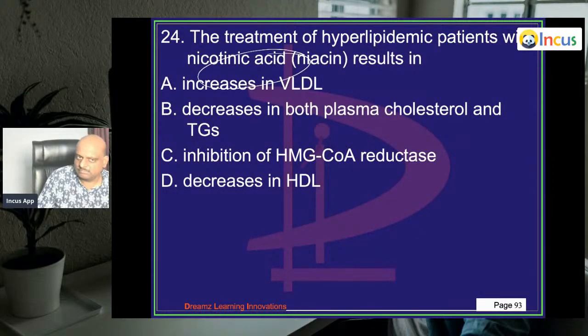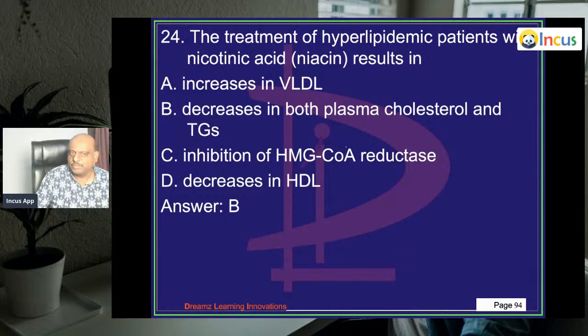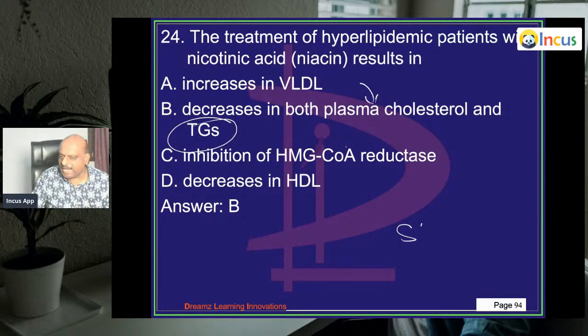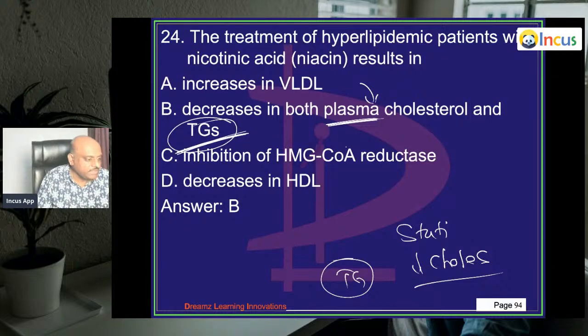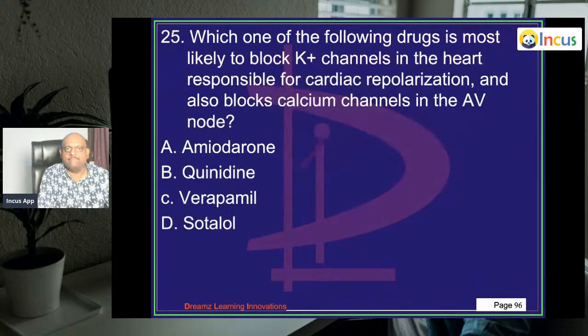Nicotinic acid, if you happen to give, decreases both the plasma cholesterol and triglycerides. Generally, most drugs, statins, everything, decrease only cholesterol, they don't affect the triglycerides. So typically, niacin, nicotinic acid can decrease both the plasma cholesterol and the triglycerides, is what you have to emphatically remember.